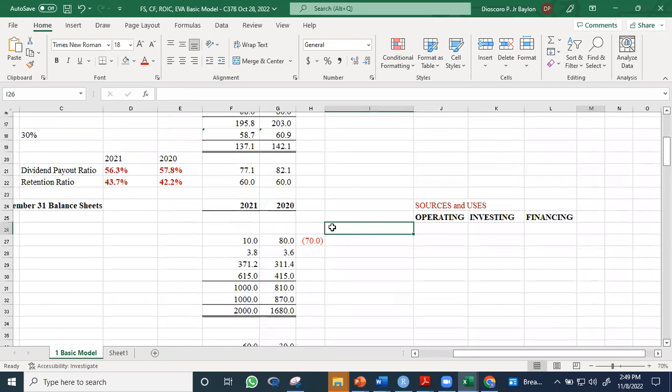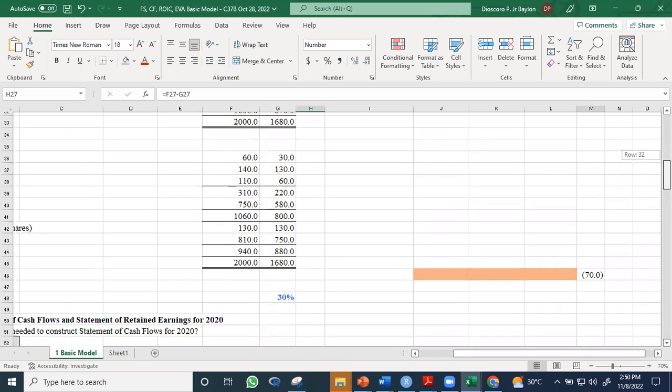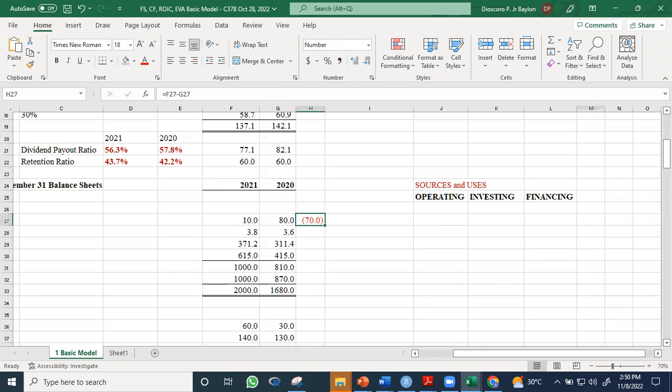Because cash decreased by 70,000, right? From 80,000 at the end of 2020, which is the beginning of 2021, and then 10,000 at the end of 2021. That means there was a 70,000 decrease in the cash account of the company. So this total here and this one should agree.